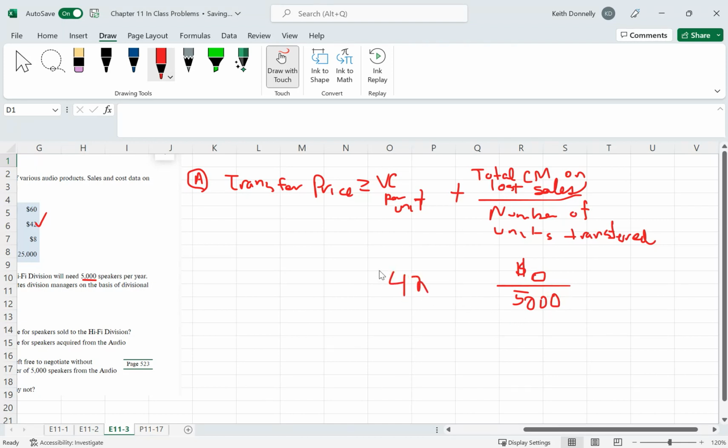We have $42, our variable cost per unit, the transfer price, and when you do the math on that, it's going to be $42. In other words, the lowest acceptable price when you fill in the equation is 42 bucks that they're going to accept.